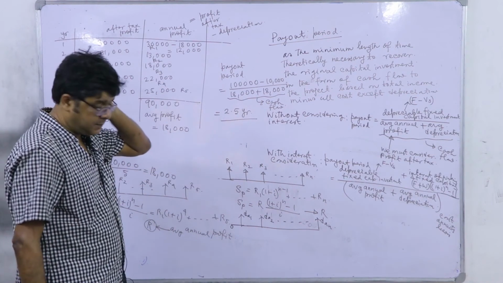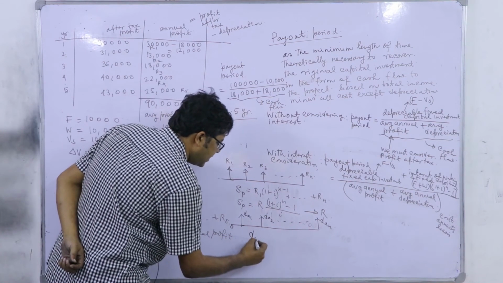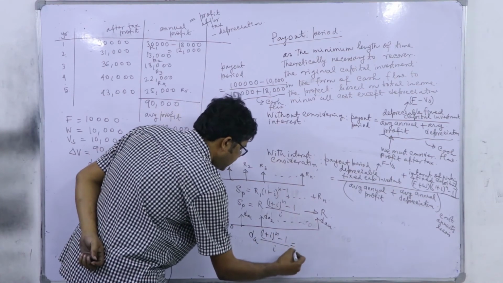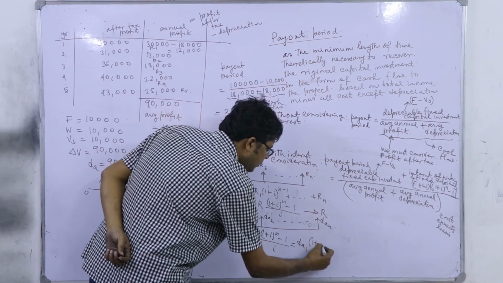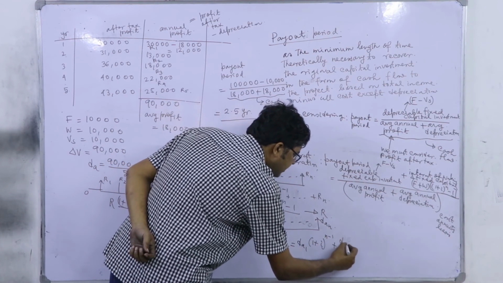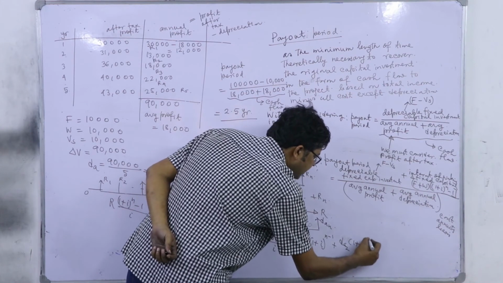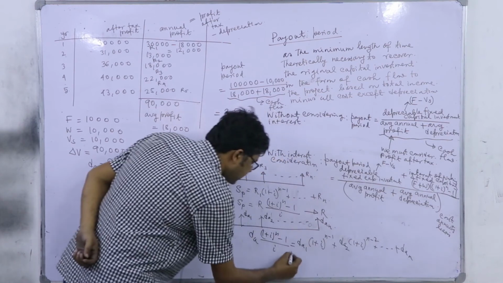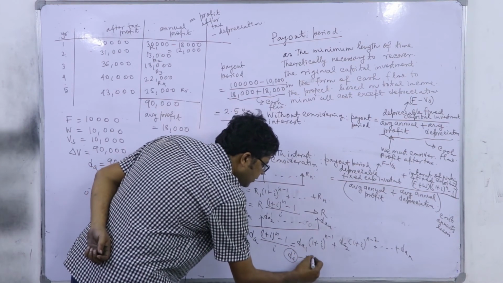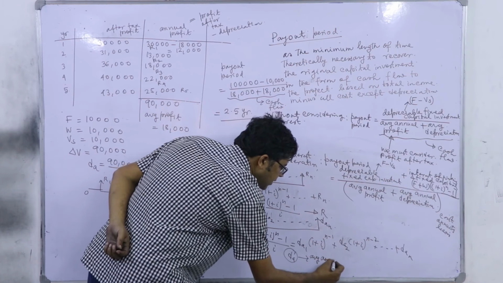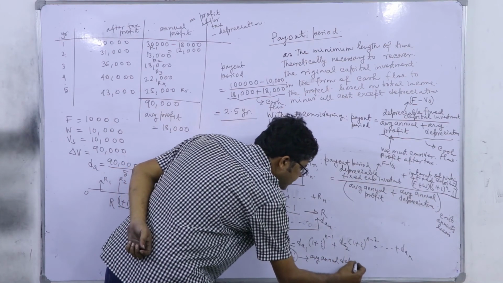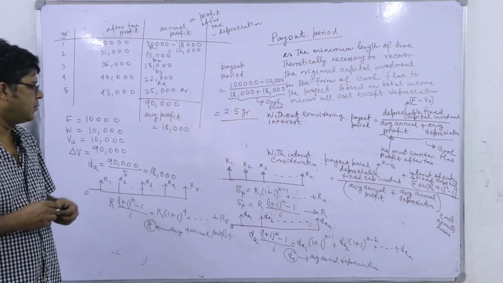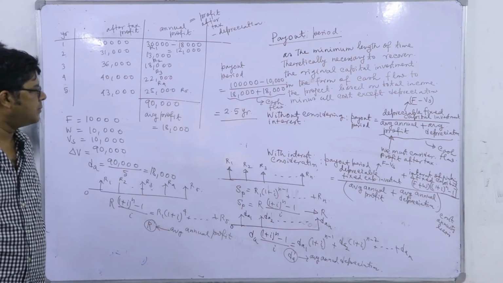So, average depreciation you can also calculate as DA1 into (1 plus I)^(n minus 1), plus DA2 into (1 plus I)^(n minus 2), and so on, plus DAN, divided by I. So, this DA will be your average annual depreciation. So, average annual depreciation you calculate, average annual profit you calculate.